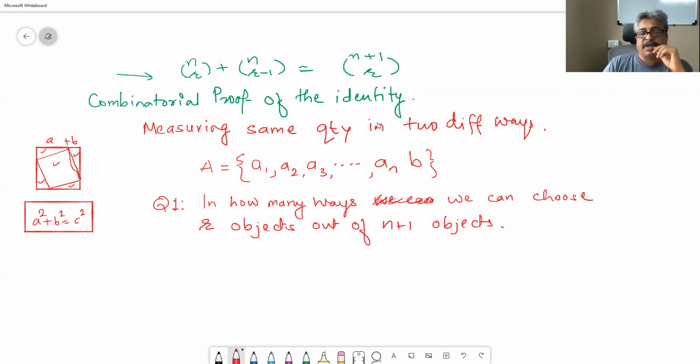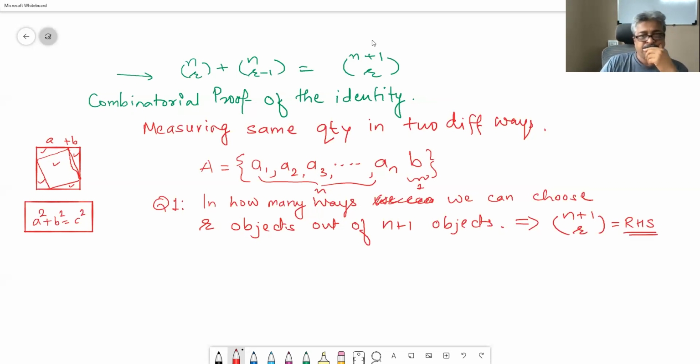There are n A's and 1 B, so n plus 1 objects. Suppose we want to choose r objects out of these n plus 1 objects, then the answer is n plus 1 choose r. That is our RHS.